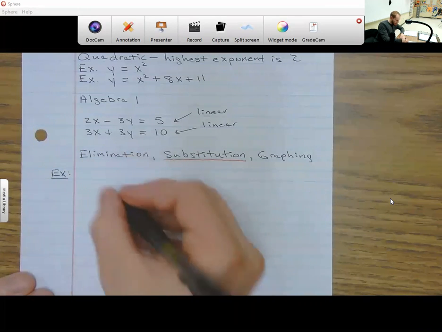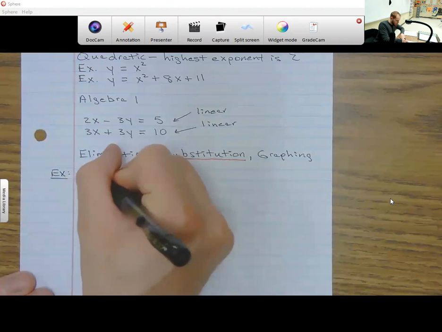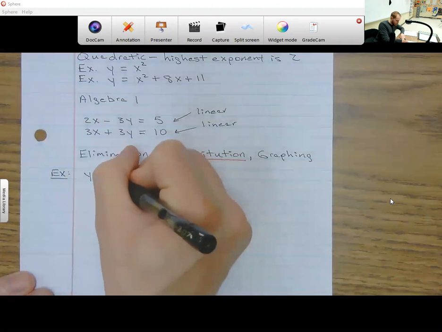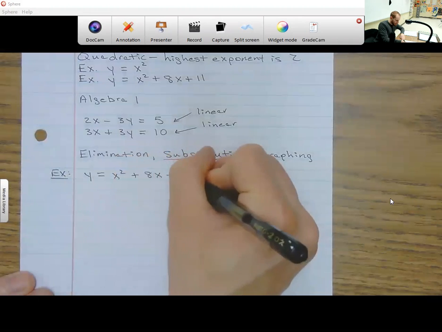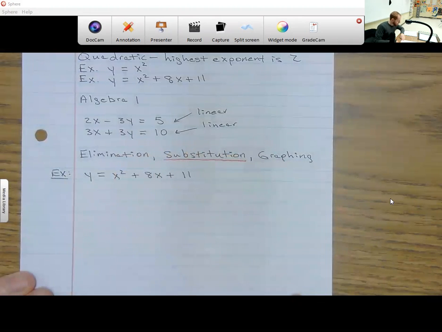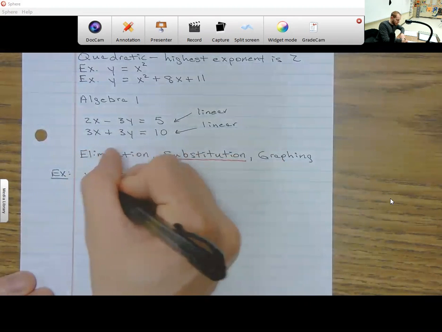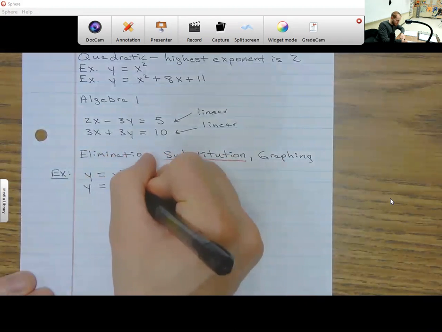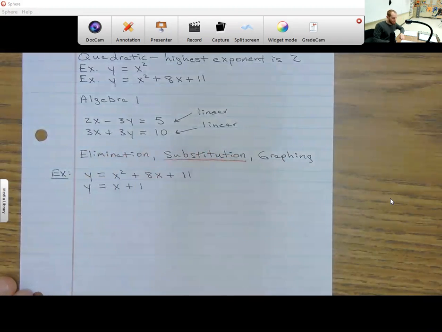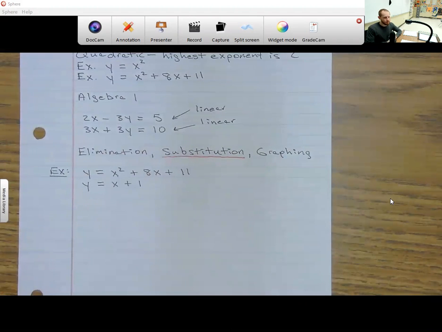Okay, let's say y equals x squared plus 8x plus 11, and let's get another one. Let's say y equals x plus 1. Okay, so this is a system of equations. And I know it's a system because I have more than one equation that I need to solve for, right?